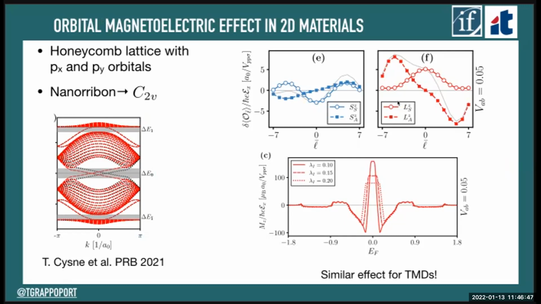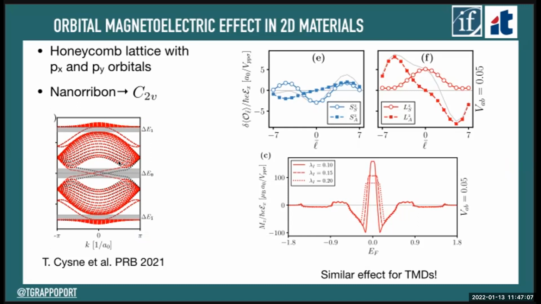In a recent work, we explored this a little bit more. We showed that in a nanoribbon of px and py orbitals in a honeycomb lattice, we can see this magnetoelectric effect together with the orbital accumulation of the orbital Hall effect.